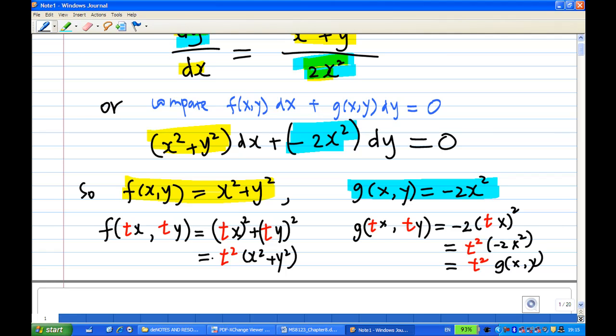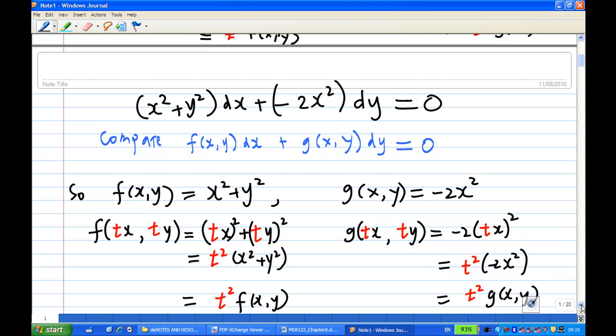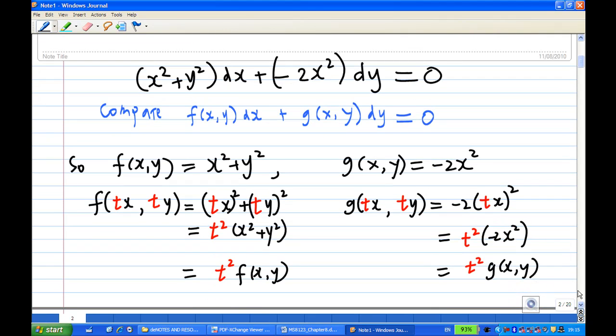Whereas the earlier one is just t squared times f(x,y). So we notice that this is a homogeneous equation of degree 2.